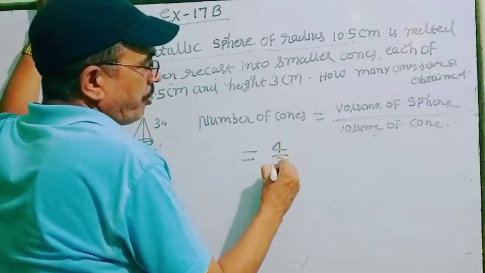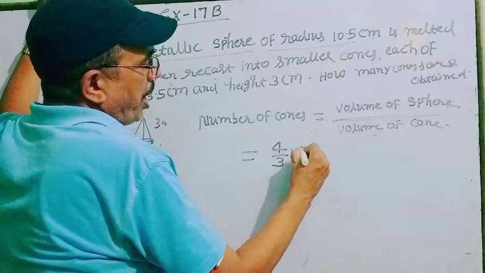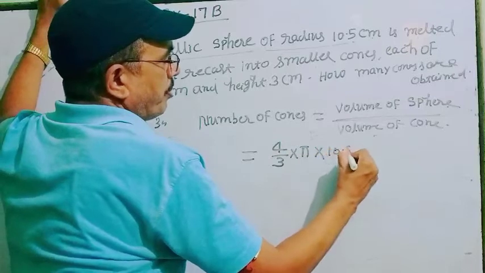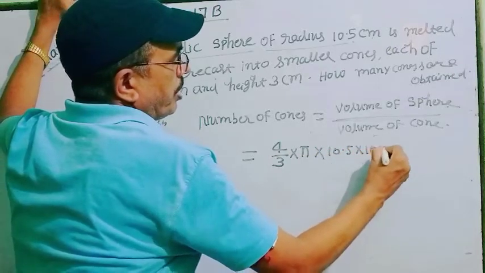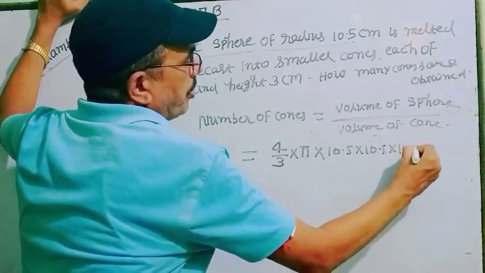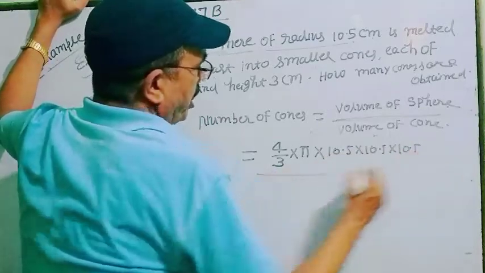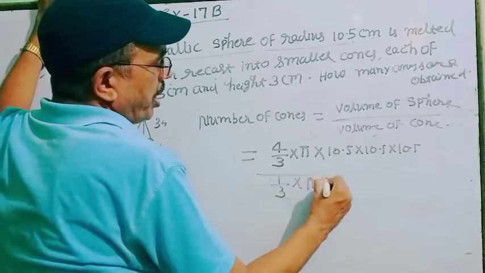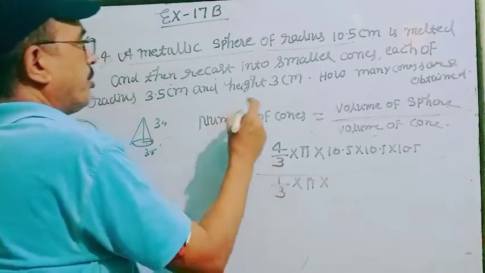Volume of a sphere is 4 by 3 pi r cube, and r is 10.5 into 10.5 into 10.5, and here is volume of cone 1 by 3 pi r square. What is r?